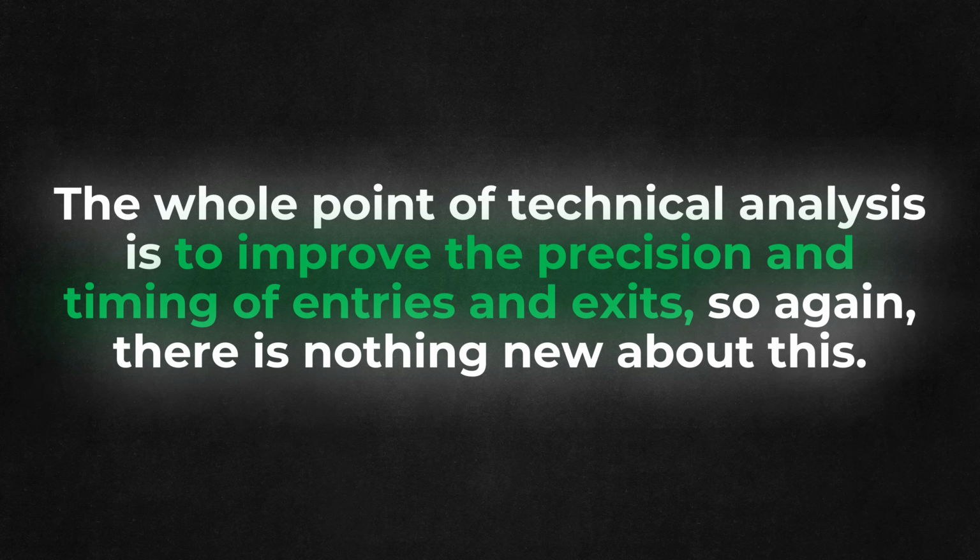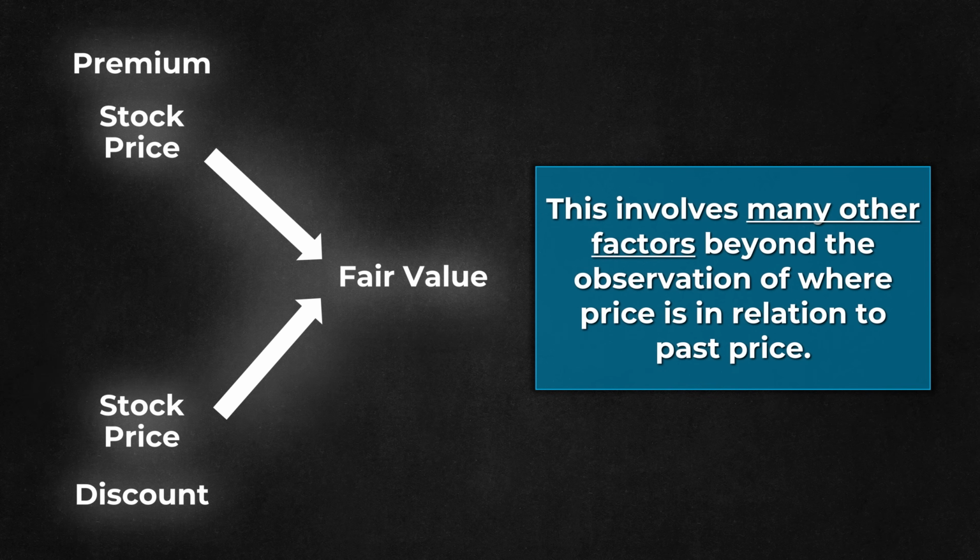Another problem with this one is similar to what we observed with the buy-side and sell-side liquidity concepts: the misuse of terms that are found in other areas of finance. For example, a stock is said to be traded at a discount when it's below fair value, and at a premium when it's above fair value, and that involves many other factors beyond observing the position of price in relation to the previous price movement.